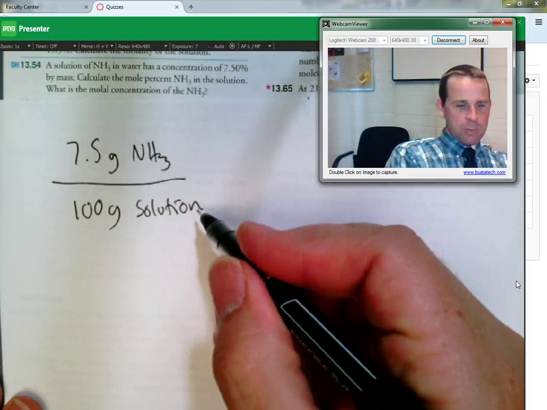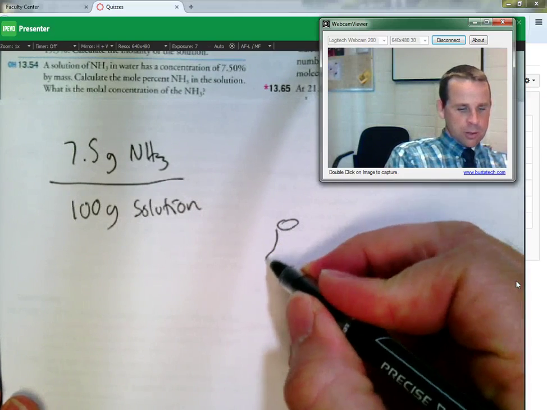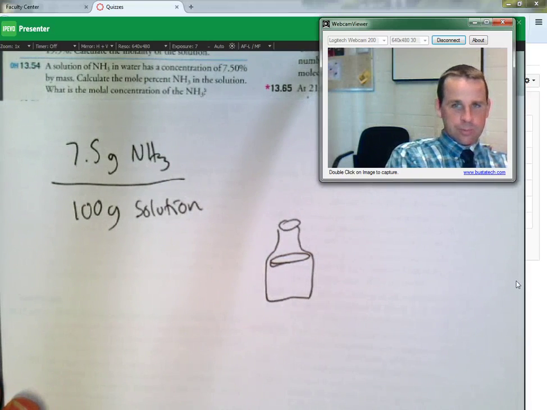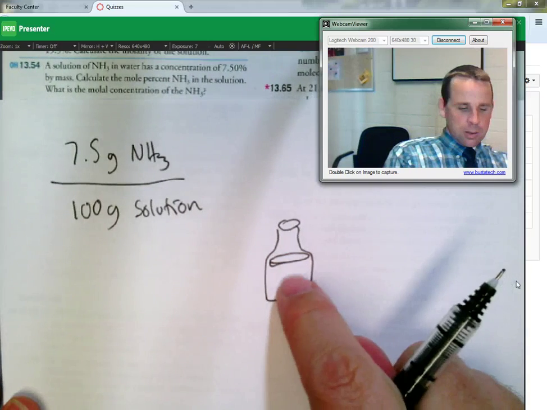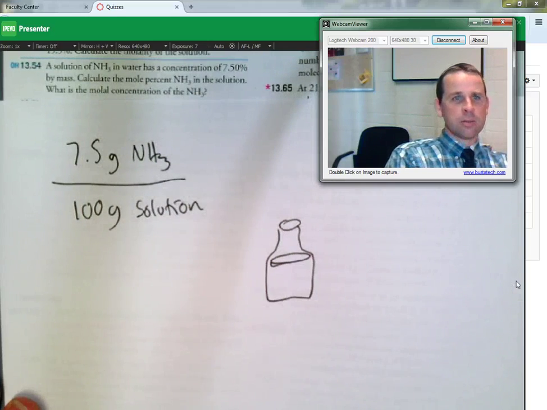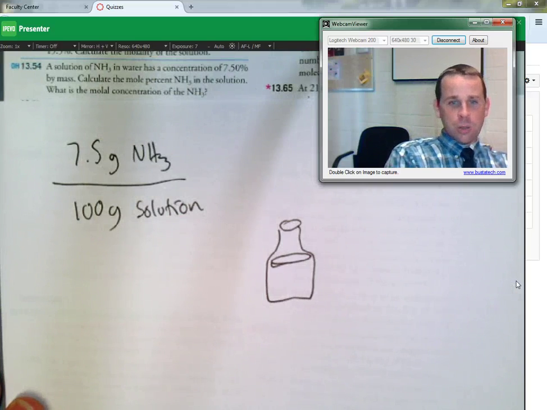Therefore, if I have 100 grams of solution, here's the container that has 100 grams of solution, right? Of this 100 grams of solution, 7.5 grams is the ammonia, and the rest is water, because water is the solvent here. So the rest is water.